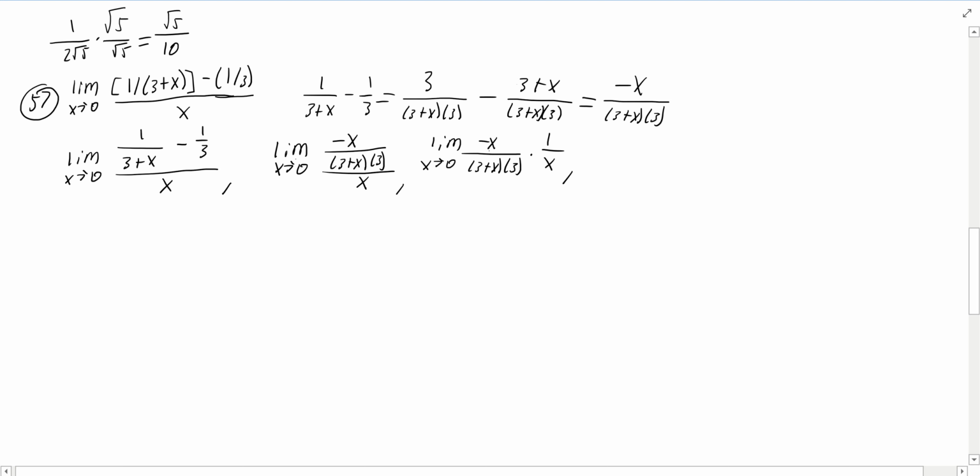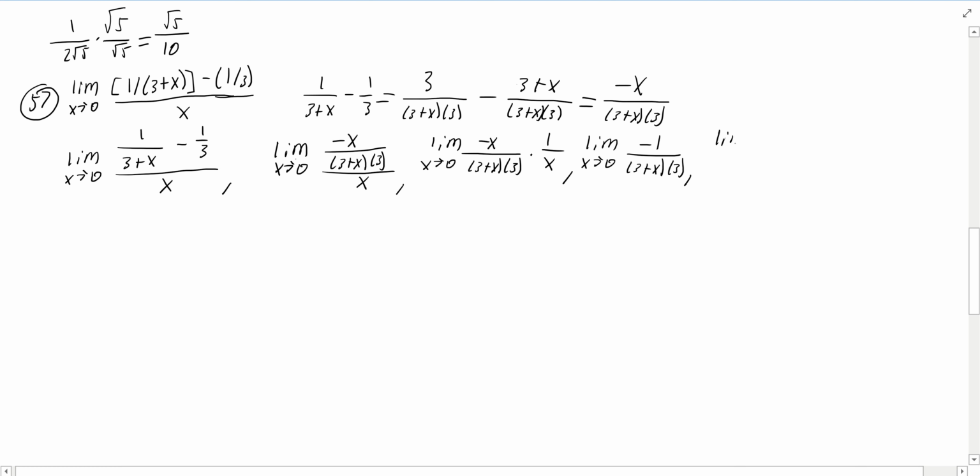This is nice because we have a common x shared by the numerator and denominator. So the limit as x goes to 0 gives us negative 1 all over (3 plus x) times 3. Now this looks pretty fine, because we can do direct substitution.